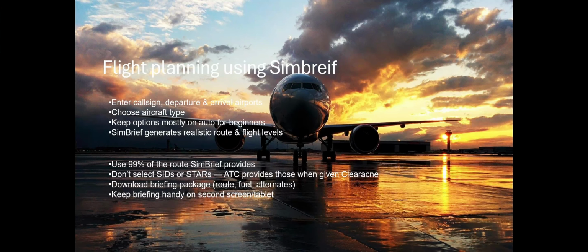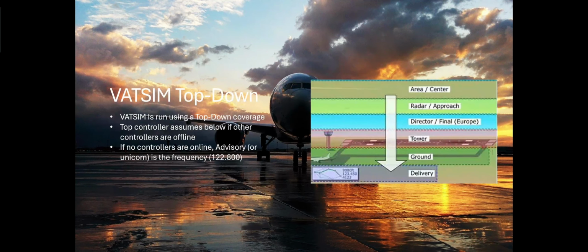Alright, so quickly we're going to speak about the VATSIM top-down system. VATSIM top-down is a system where, if a center controller is online, they will assume the controllers' positions below them. They will do all of the procedures that the lower controllers do. So if center is online, they don't just control center.